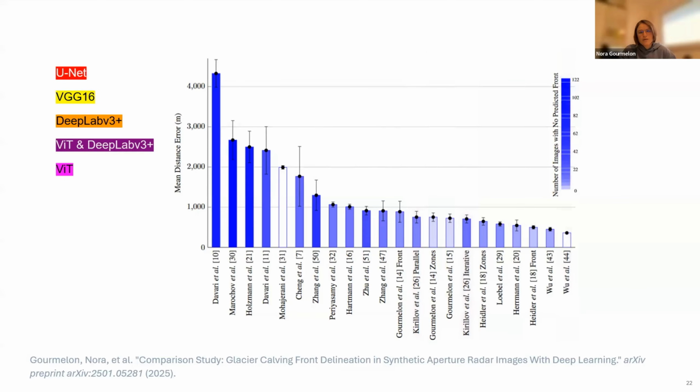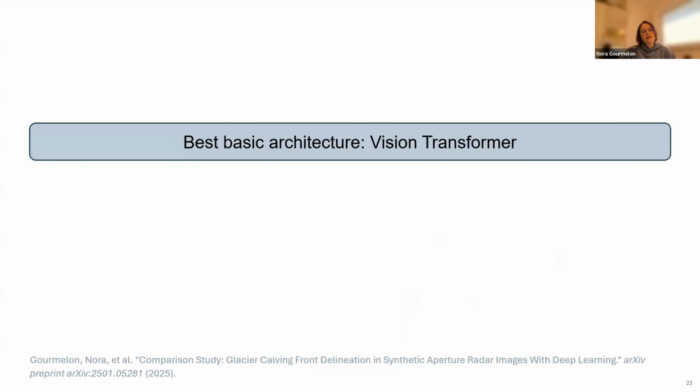And in the end, we could tell that the best basic architecture is the vision transformer. And that's not just because the best performing model is based on vision transformers, but we did some significance tests with grouping these models based on the architecture, and the vision transformers significantly outperformed the other architectures.